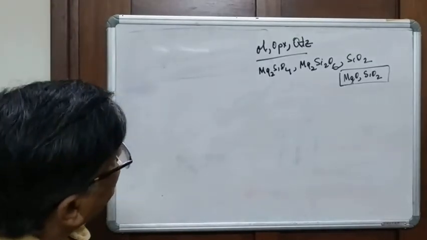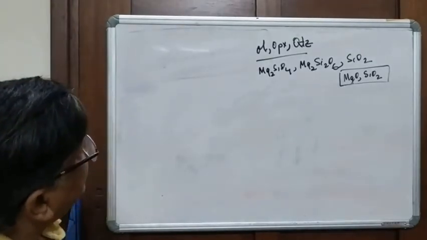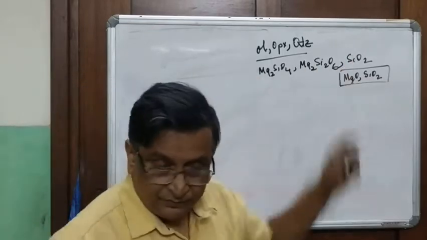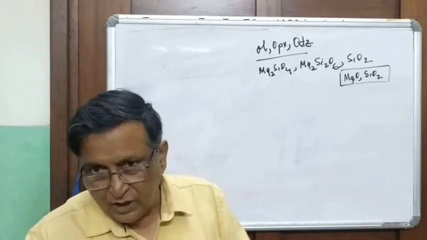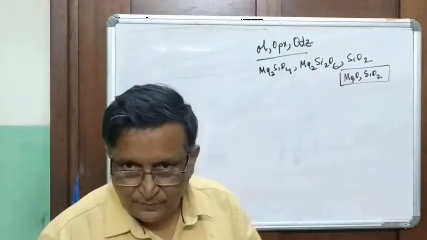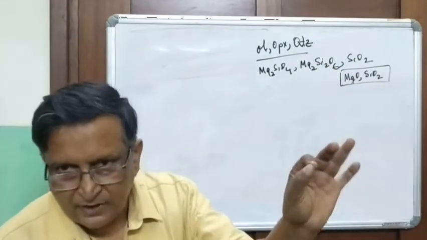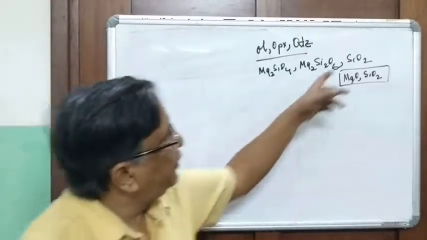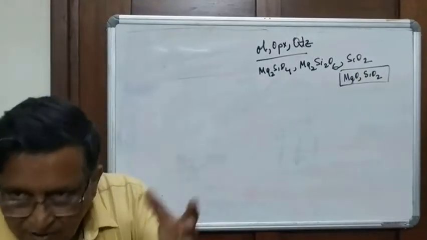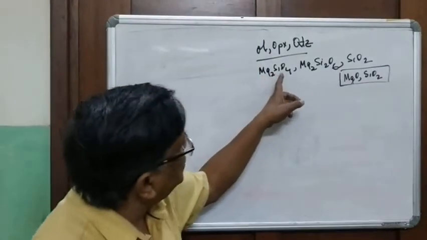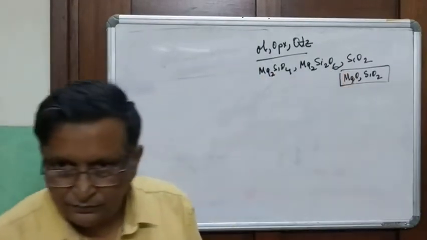Now, let us see what the variables are here. The variables could be pressure, temperature, fluid composition, and the mineral compositions of each of the phases.